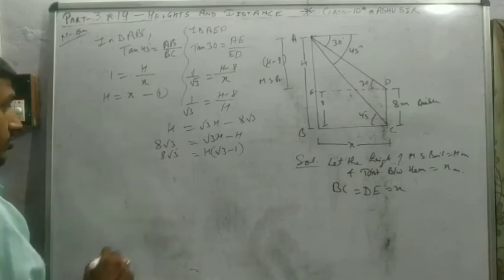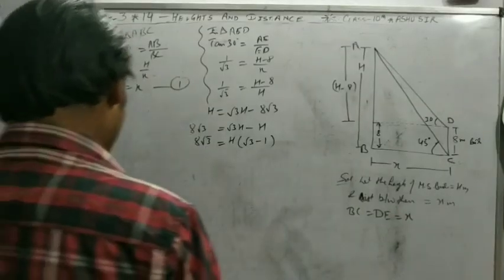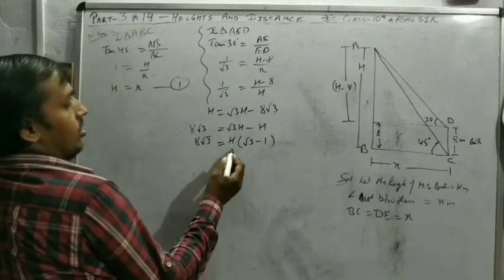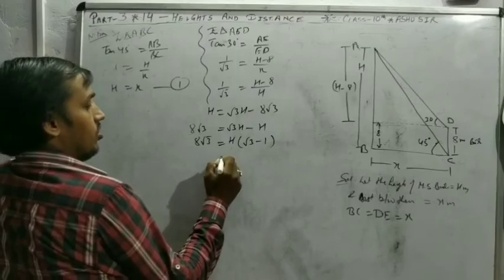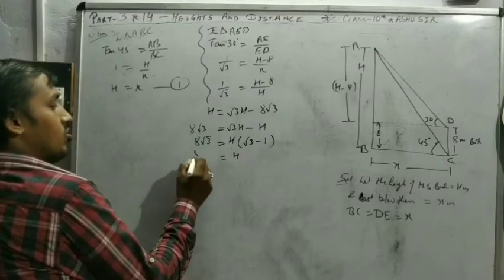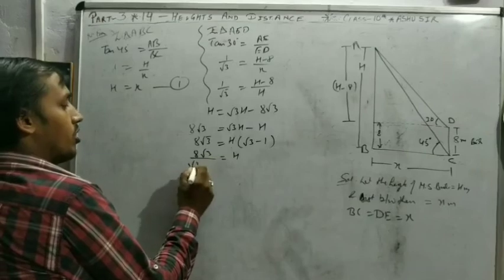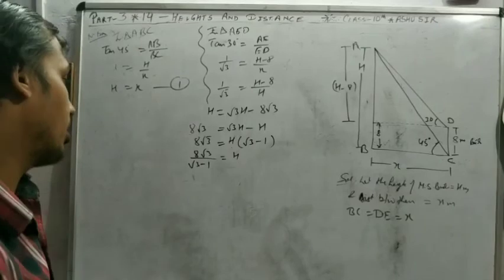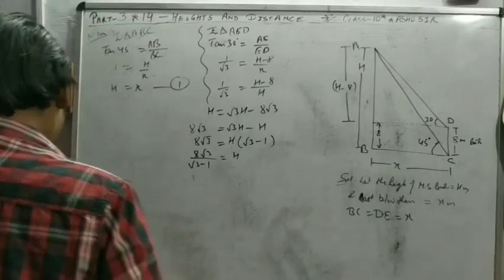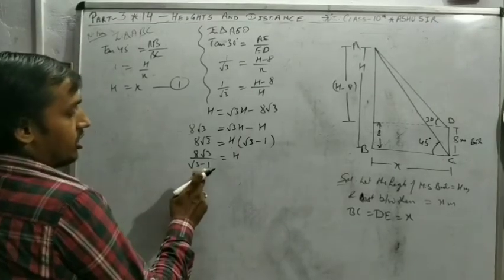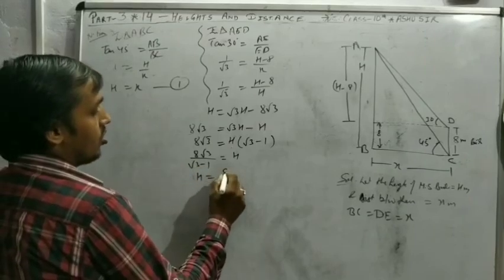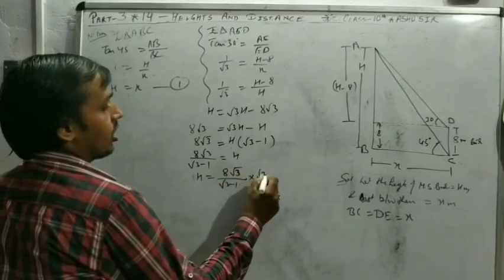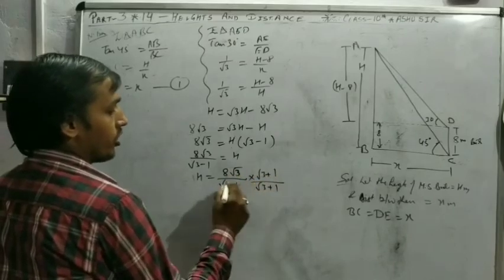So when you get h common, h equals 8 root 3 upon root 3 minus 1, this sent to the opposite side, so it is in division form. When we rationalize, because it is in square roots form, h equals 8 root 3 upon root 3 minus 1, multiply by root 3 plus 1 upon root 3 plus 1, the conjugate.